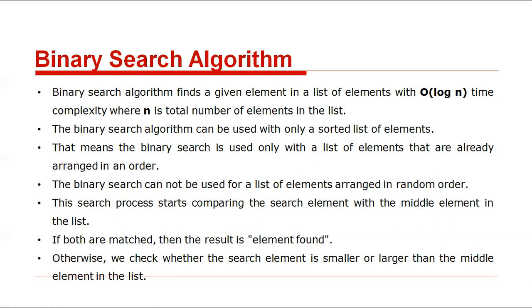But in the binary search algorithm, we should take the n elements in ascending or descending order. Here we should maintain the elements in either ascending or descending order in a binary search algorithm. In the binary search algorithm, we should collect the elements.